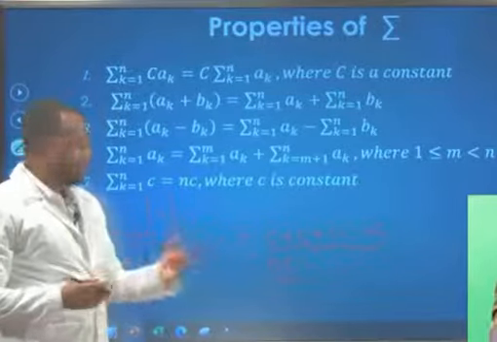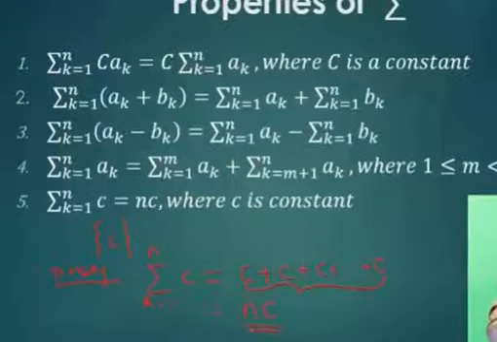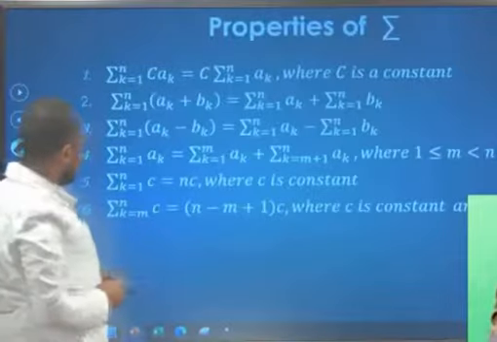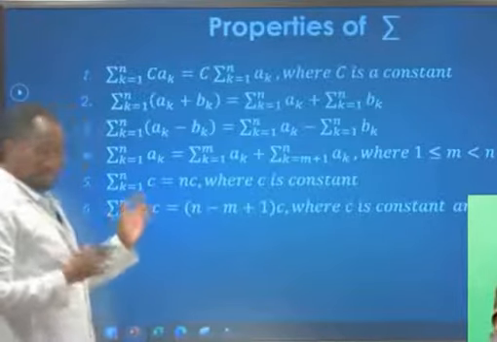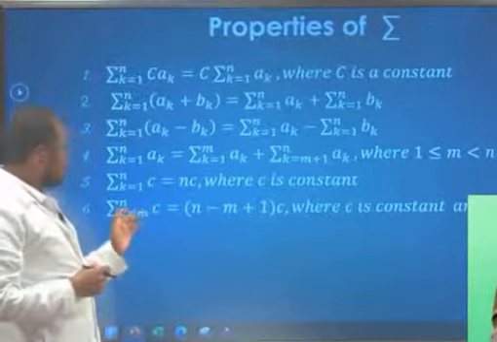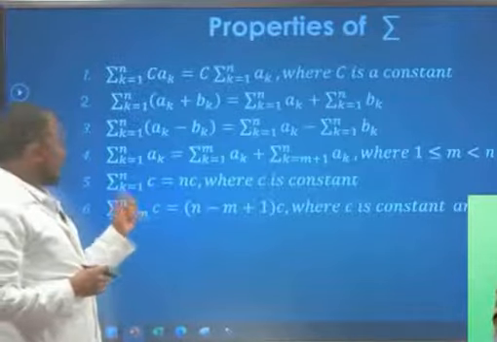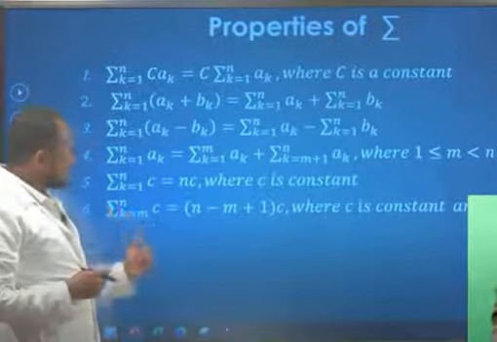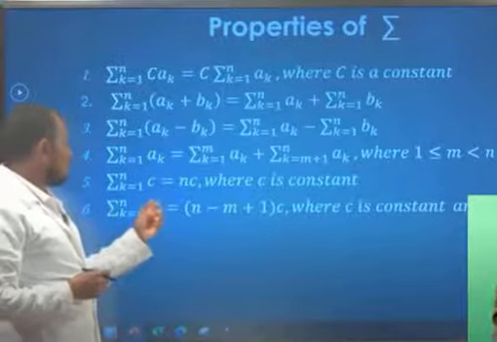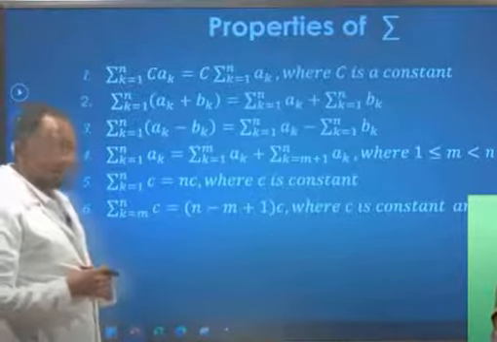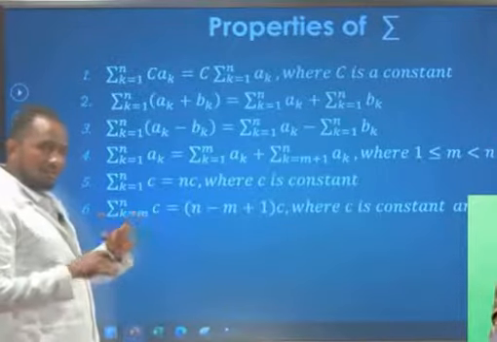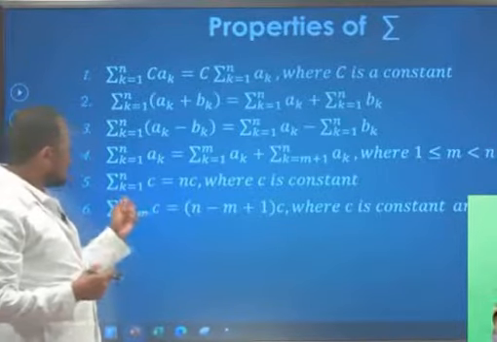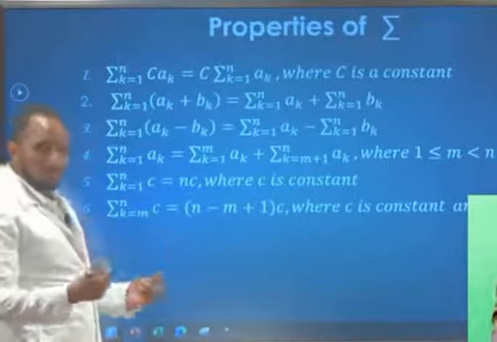Now let's see another property of the summation notation. The sixth property is the summation of c where K starts from m's term up to n's term. In this case, we simply have to count how many c's we have. Starting from m and up to n, the number of terms is the difference of the two plus 1.